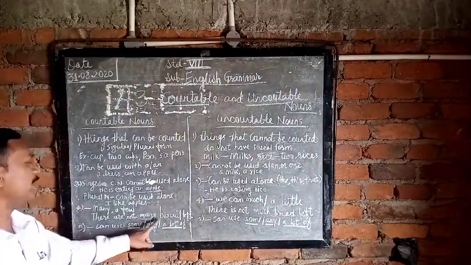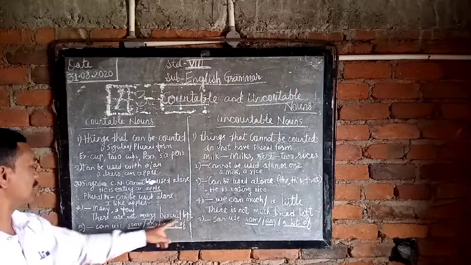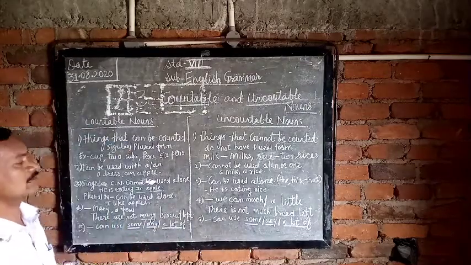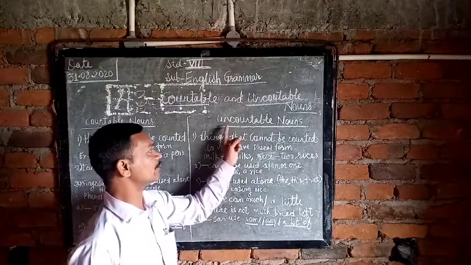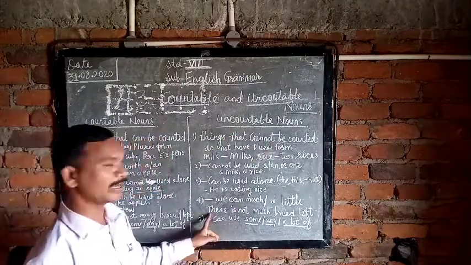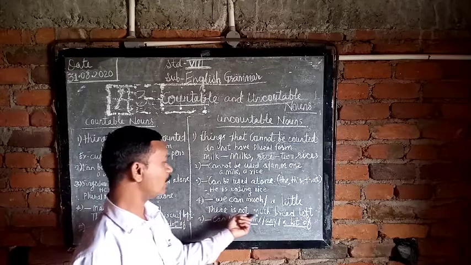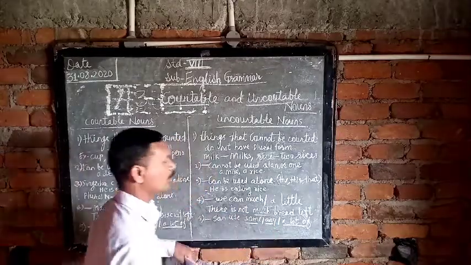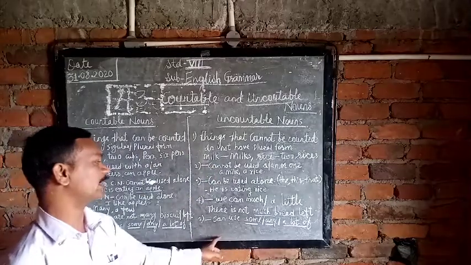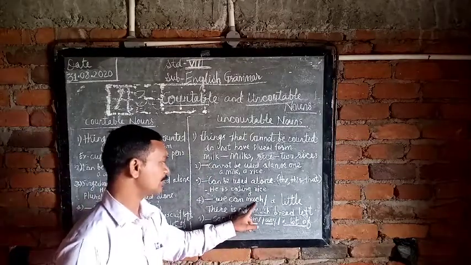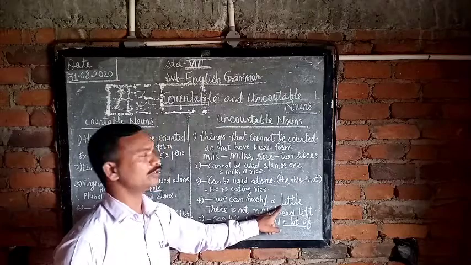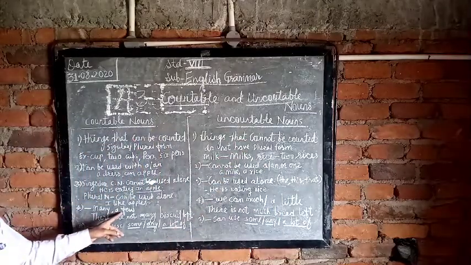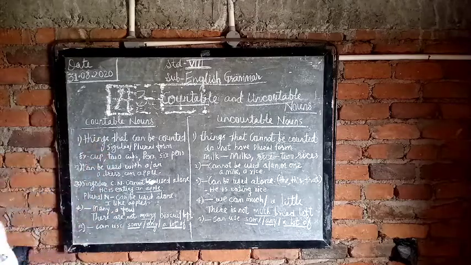This is why we use many with countable nouns. But when we discuss uncountable nouns, see the example: There is not much bread left. Much bread. वहाँ पे थोड़ा भी bread छोड़ा नहीं गया है. So much and little we use with uncountable nouns, and many or few with countable nouns.